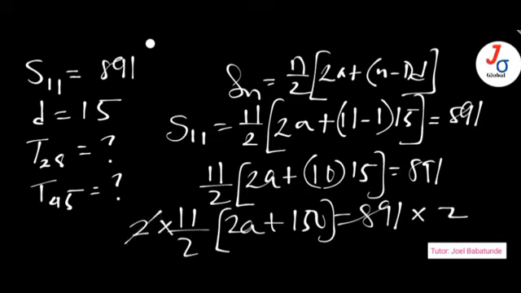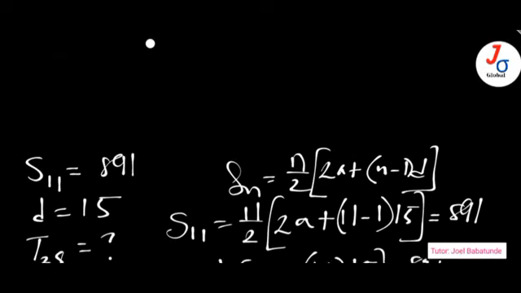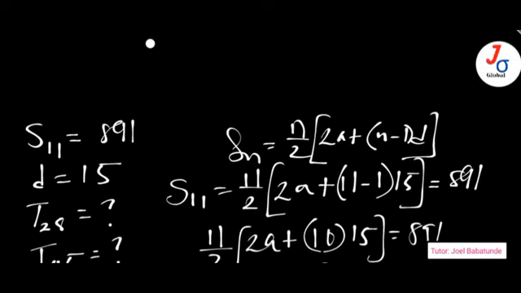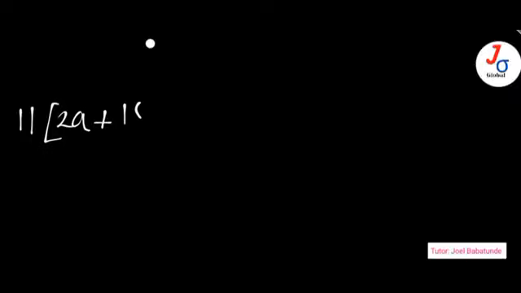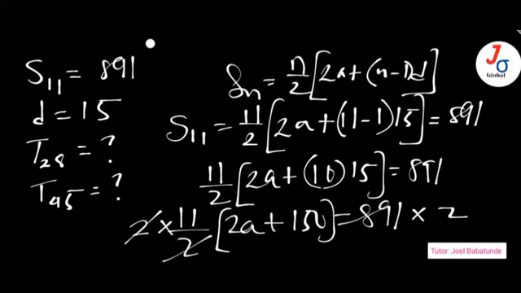So 2 cancels out 2. So 891 multiplied by 2. Let me write that here. 11 into 2A plus 150, close up the bracket, and that equals 891 multiplied by 2.